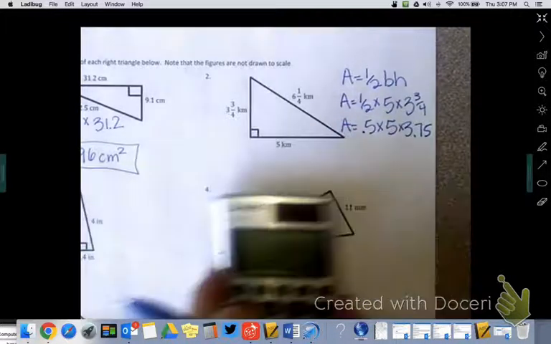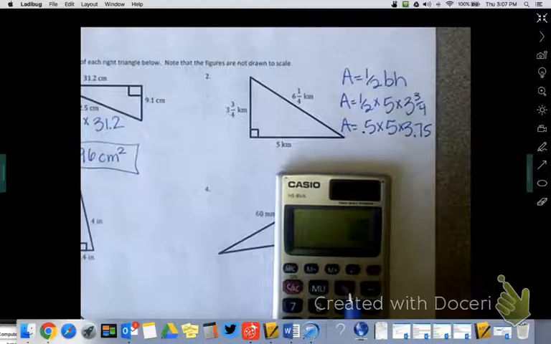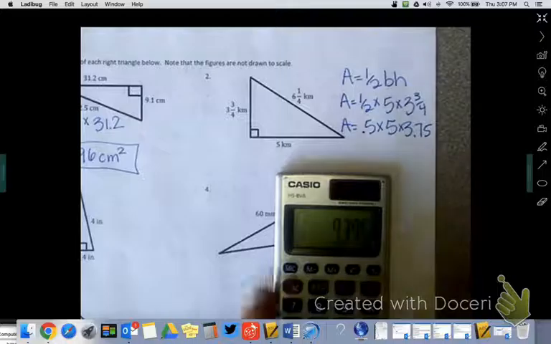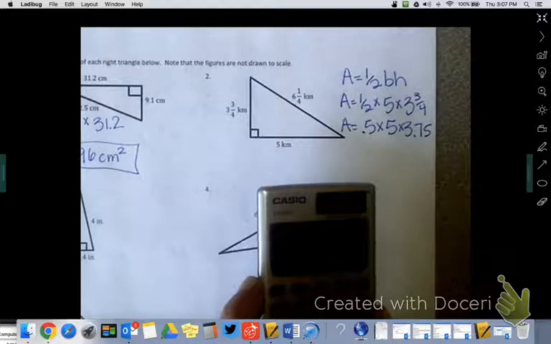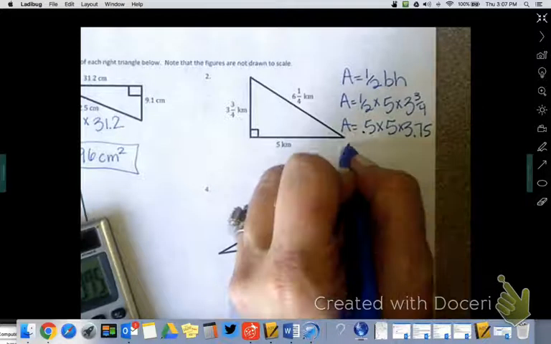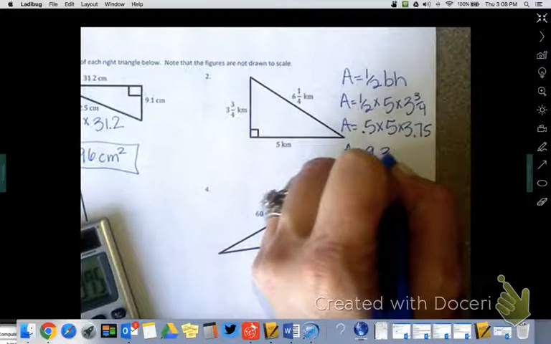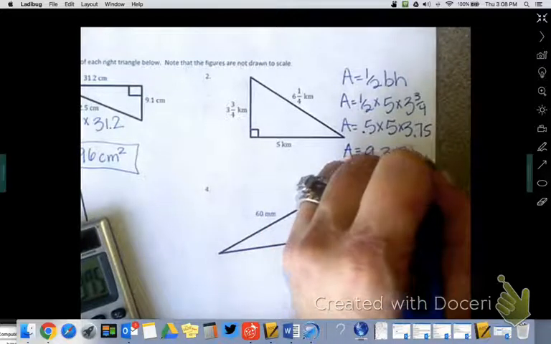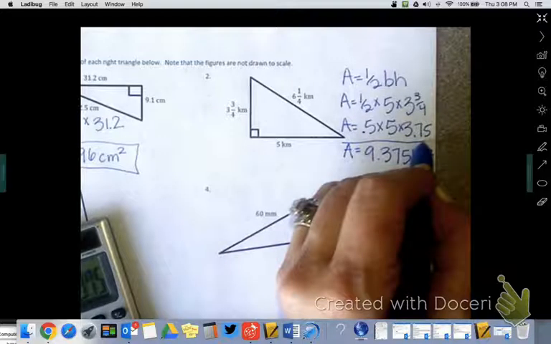And now I'm going to use my calculator and multiply across, and I get 9.375 kilometers squared. There's my final answer.